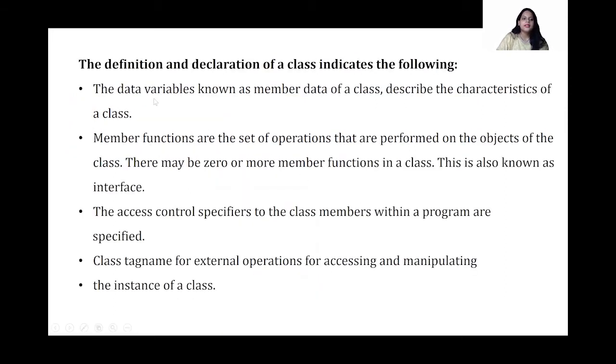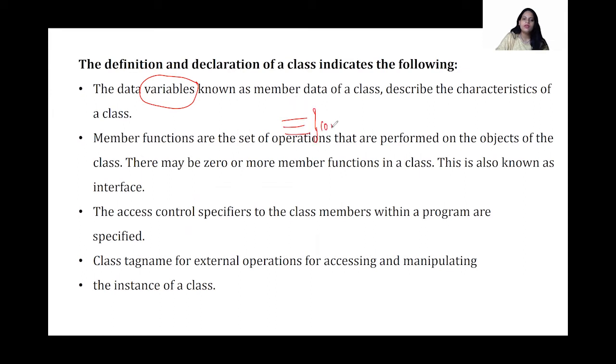Now, the data variables, known as the data members of a class, describe the characteristics of a class. Member functions are the set of operations that are performed on the objects of the class. So member functions obviously are going to have a set of code, isn't it?